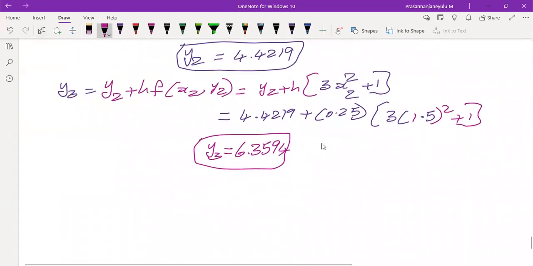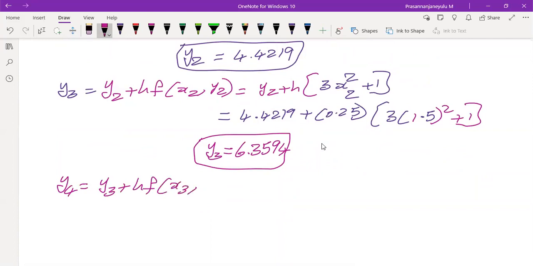Now we are going to find y4. We need to find up to y4. y4 is equal to y3 plus h into f of x3 comma y3. I am writing y3 plus h into f of x3 comma y3, which is 3x3 square plus 1.